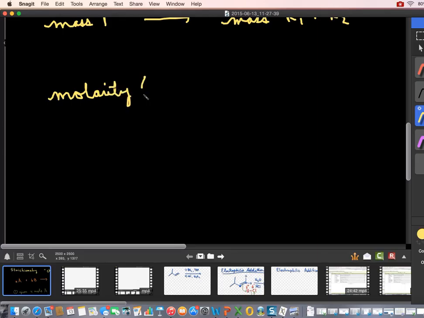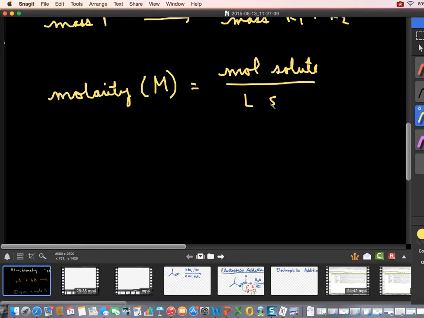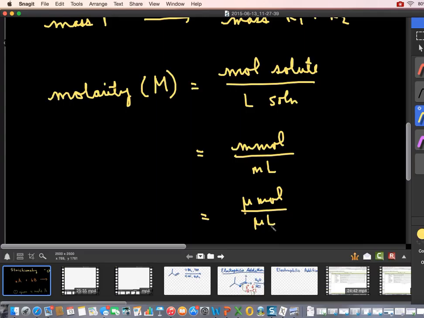When I have molarity, capital M, which as a brief review is a mole of solute over a liter of solution, or a millimole of solute over a milliliter of solution, or a micromole of solute over a microliter of solution, or an osmole of solute over an osliter of solution.